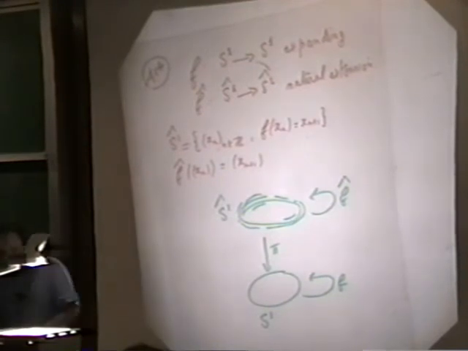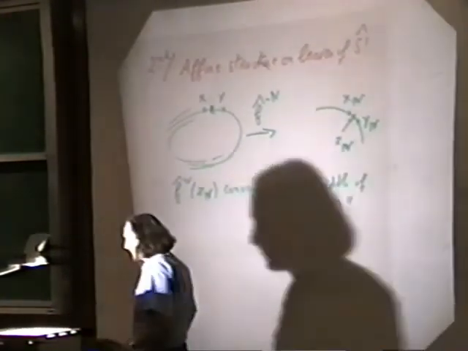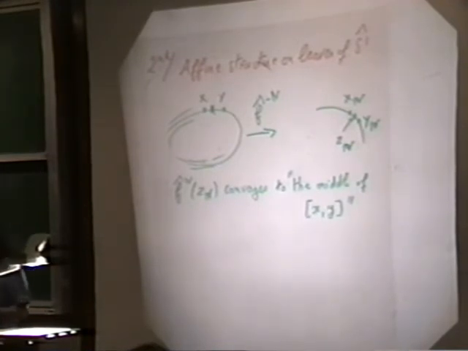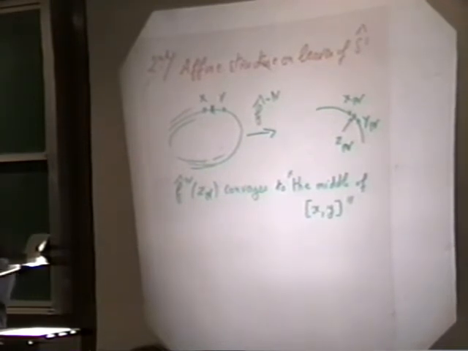The second step is we want to analyze these one-dimensional lines sitting inside S1 hat, and we put on them an affine structure. So the point is this. I claim that these green lines sitting inside S1 hat, each one of them has a natural affine structure, meaning that if you give me 2 points on the same green line, I can define canonically the middle point.